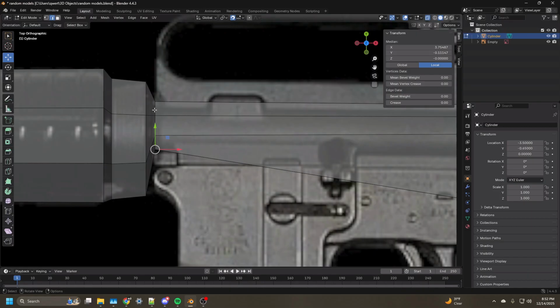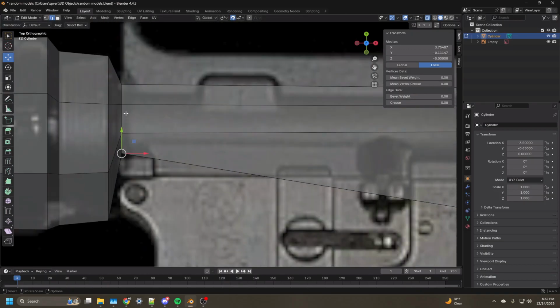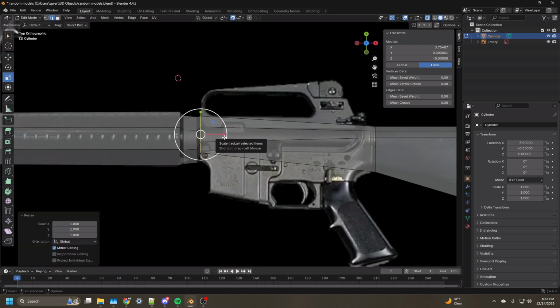Or I might try and expand the whole loop. I could try and do that. Stretch out the whole loop instead of just the sides. That looks wonky.